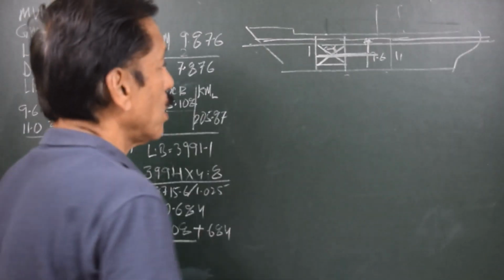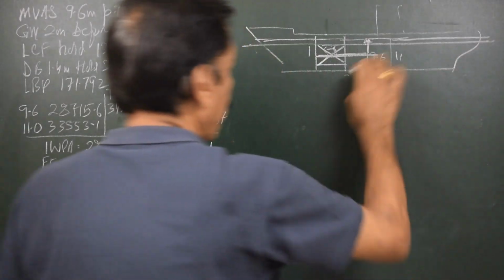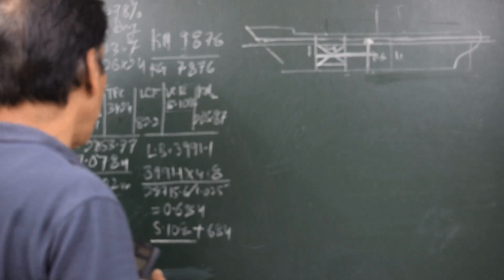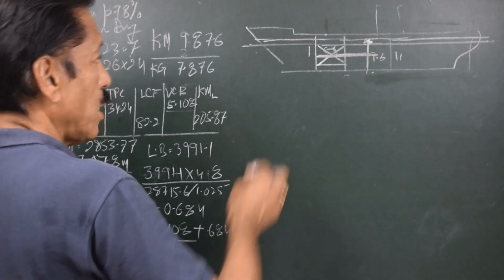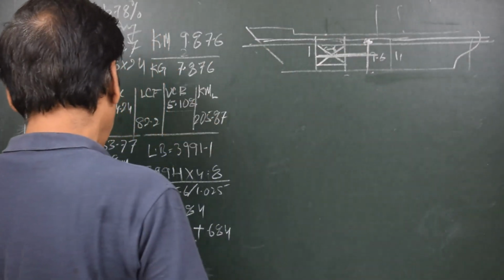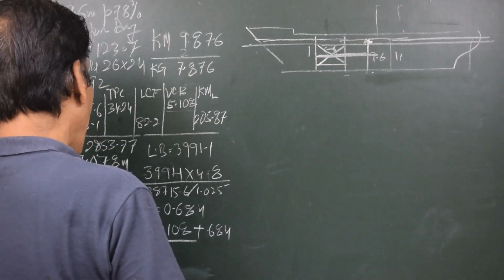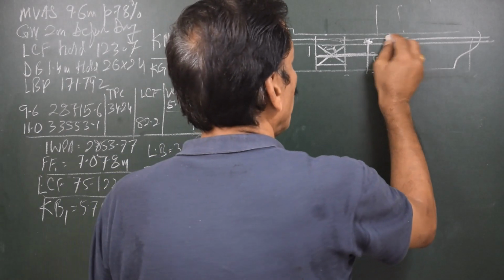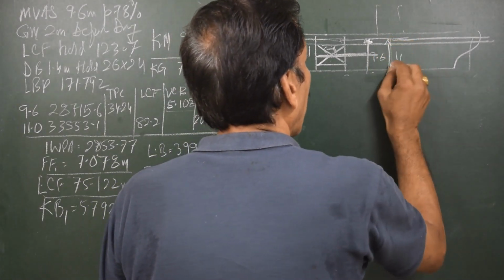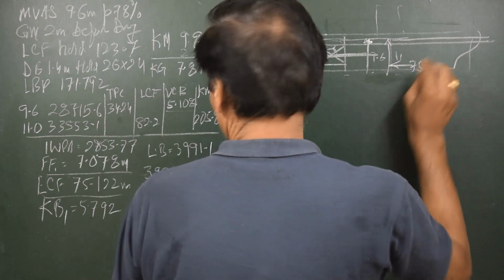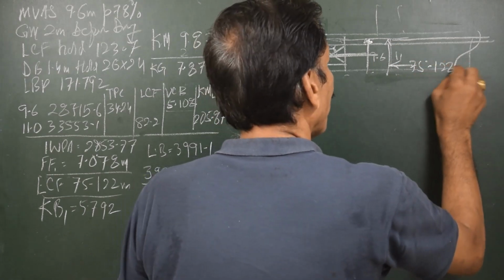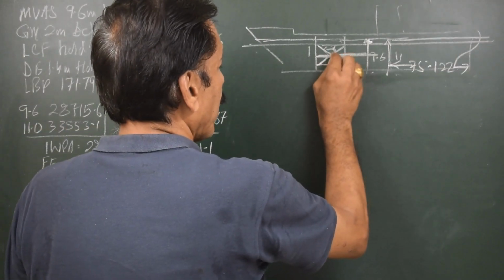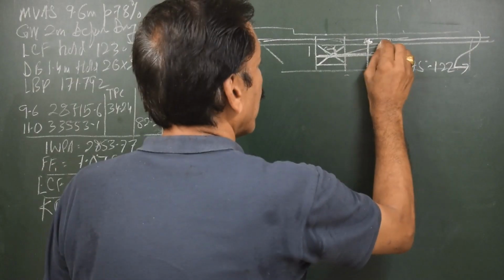The center of buoyancy is also going to move away from the damage. That means, now as you know, the center of flotation has shifted by an amount 7.078, right? That is because the water plane area is damaged over here. So the new LCF will be reduced, and the new LCF is 75.122. That means there is a new position of center of flotation here. Now can we say that we have lost the buoyancy here and the buoyancy is replenished in aft direction?